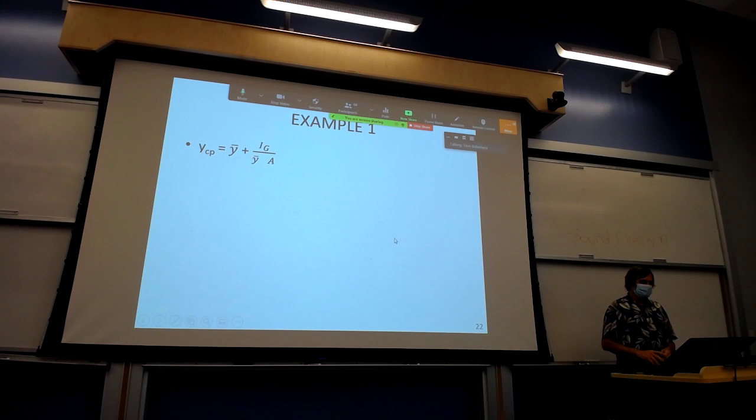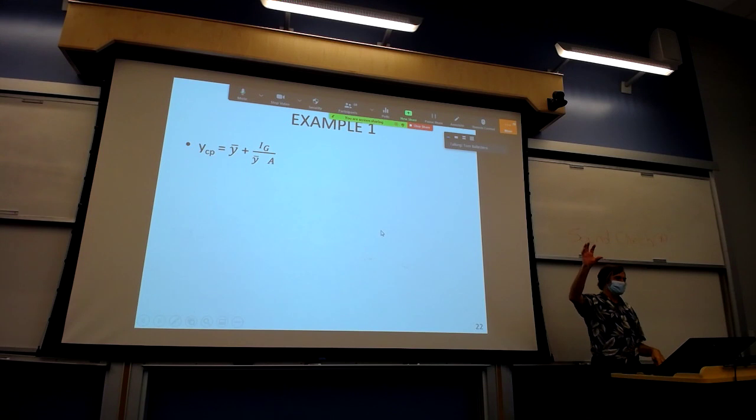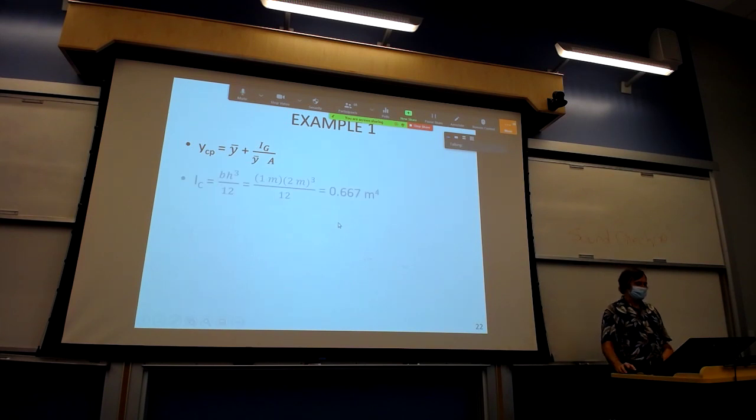For YCP, as we just derived, that's equal to y bar, which is the distance from the free surface along the y-axis, which here is vertical, to the center of area, plus moment of inertia about the centroid of this rectangle divided by y bar times the area.